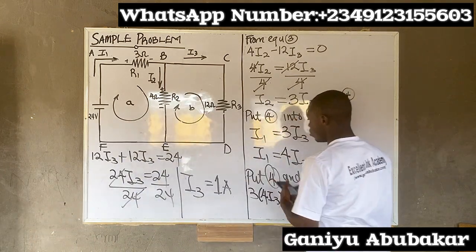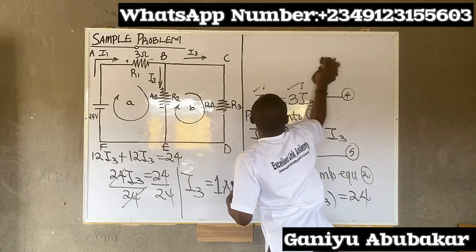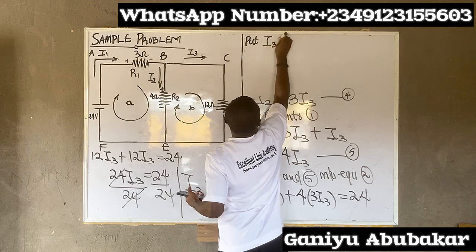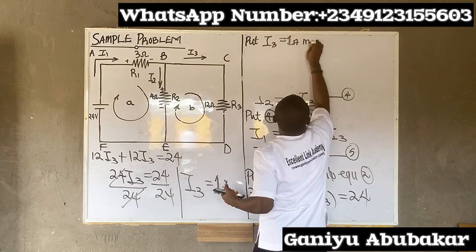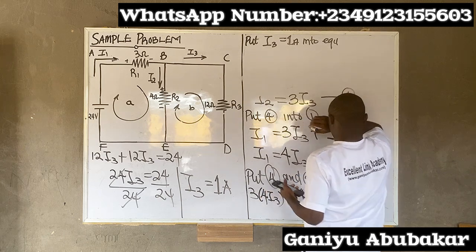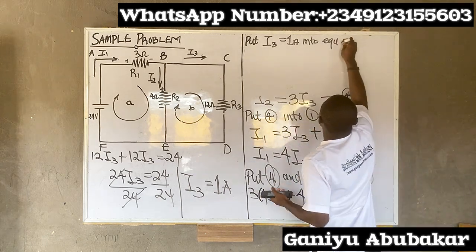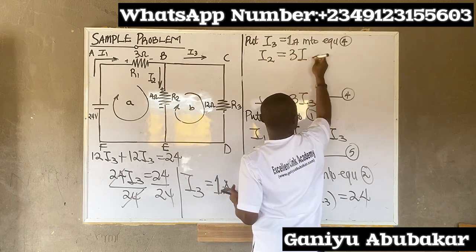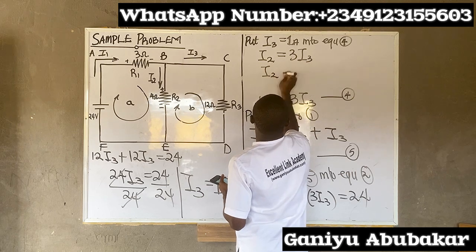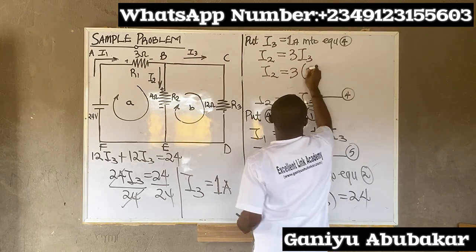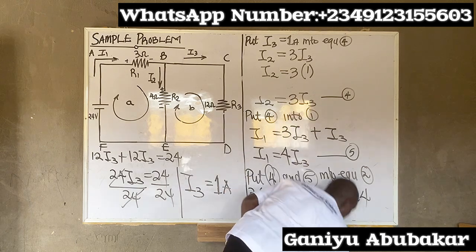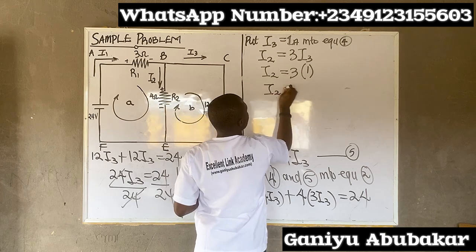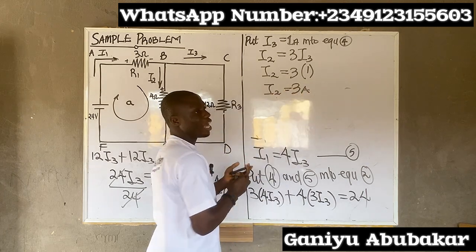From equation 4, I'll put I3 as 1 ampere into equation 4. Equation 4 says I2 equal to 3I3. So I2 equal to 3 into 1. I2 equal to 3 amperes. That's your I2.